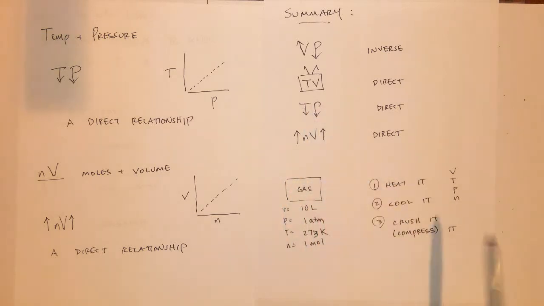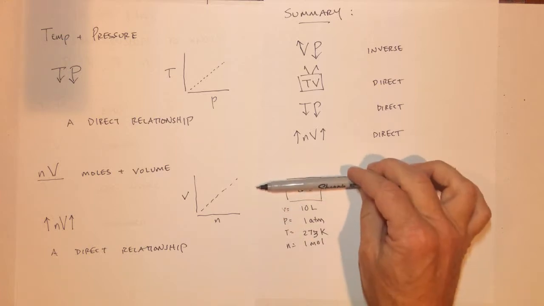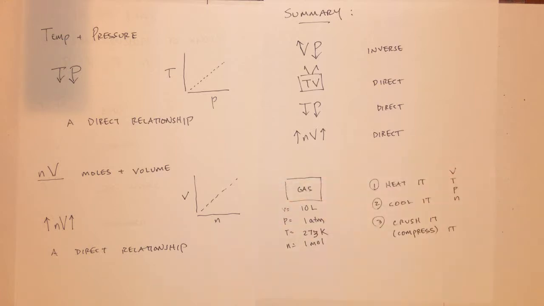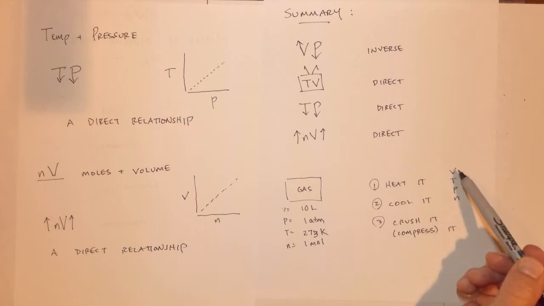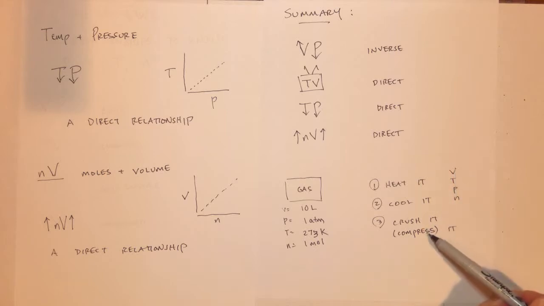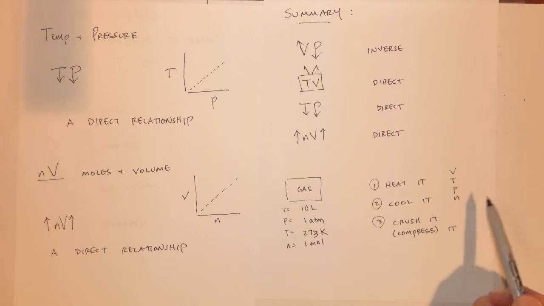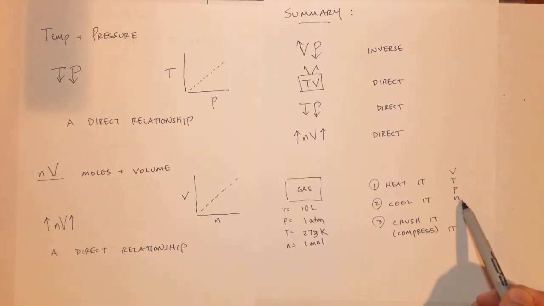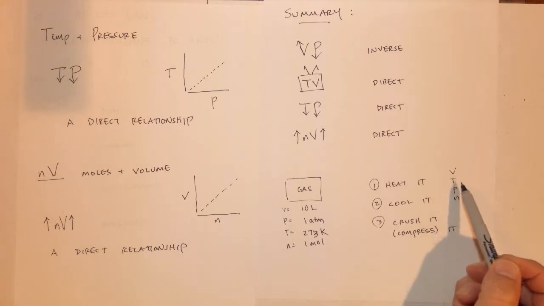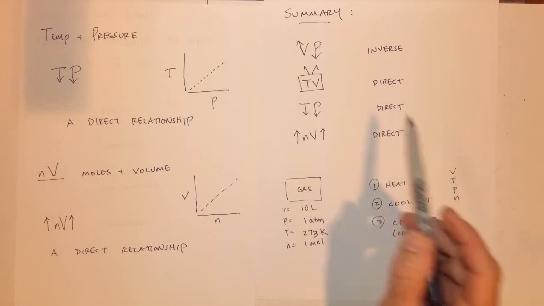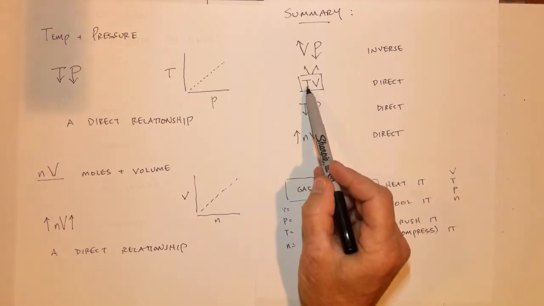Last one, what happens if we compressed it or crushed it, like actually uniformly squished the container? Well, the volume would go down, obviously, because we're compressing or crushing it. So assuming it doesn't leak, the number of moles of gas would remain the same because we didn't allow any gas in or out. The temperature, well, what happens? If the volume goes down, what happens to the temperature?